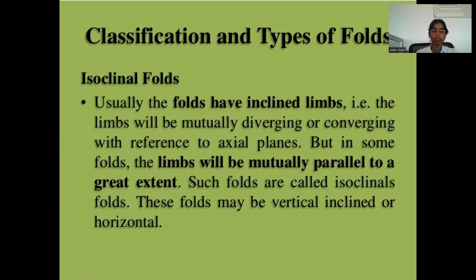Isoclinal fold. Usually, the folds have inclined limbs. That is, the limbs will be mutually diverging or converging with reference to the axial planes. But in some folds, the limbs will be mutually parallel to a great extent. Such folds are called isoclinal folds.